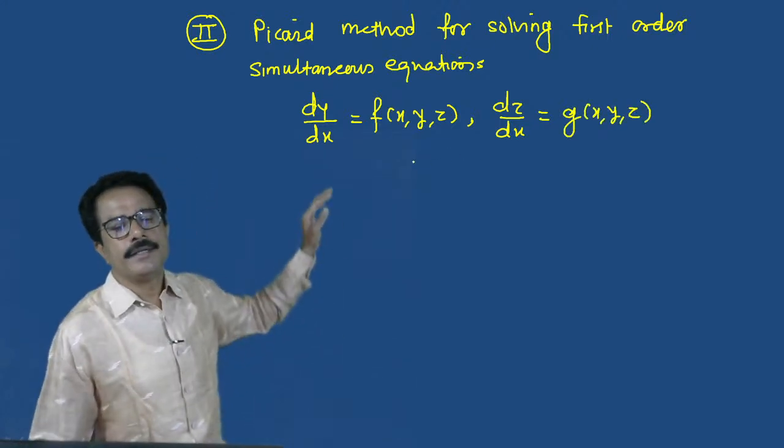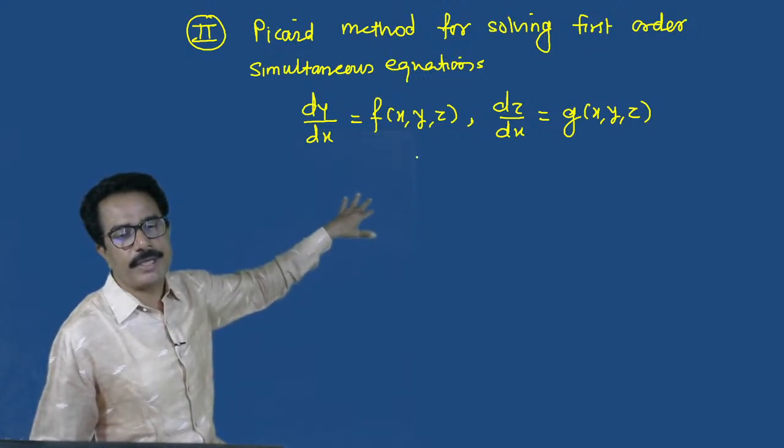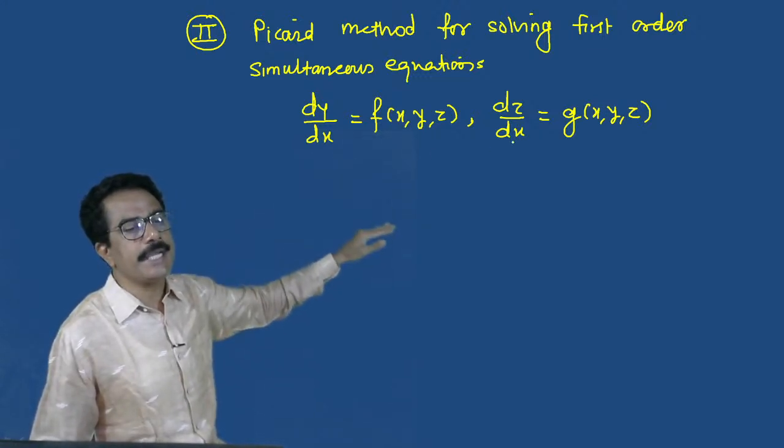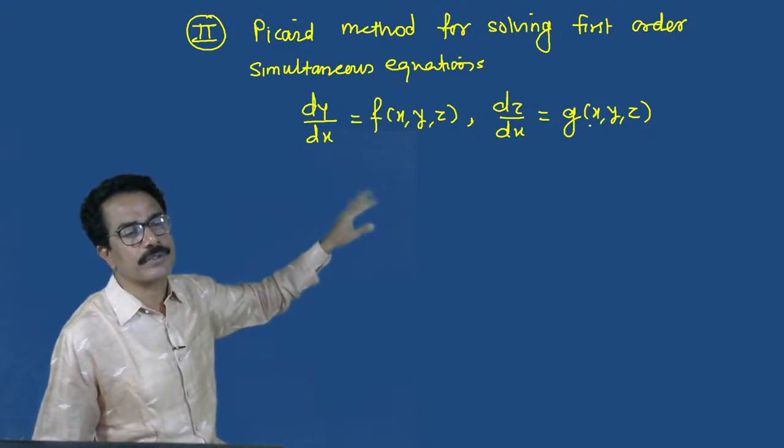That means dy by dx is a function of x comma y comma z and dz by dx is equal to a function g of x comma y comma z.